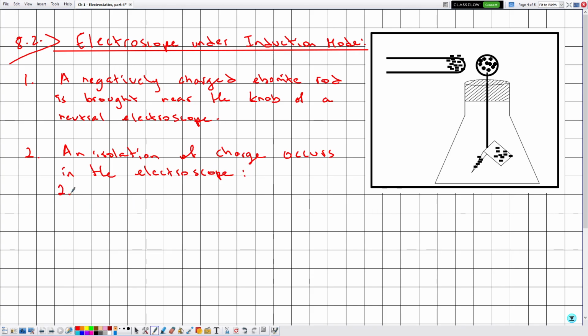So let me say statement number 2.1, positive charges will accumulate on the knob, and in 2.2 negative charges will accumulate very far away, by which we mean they're gonna accumulate at the leaves.